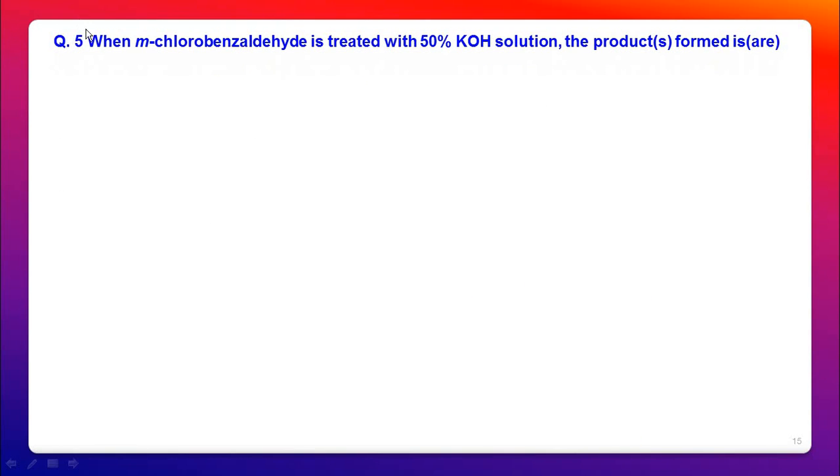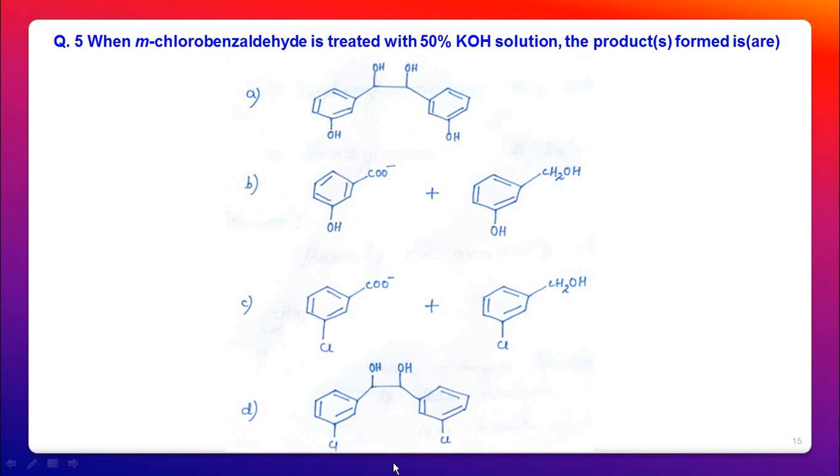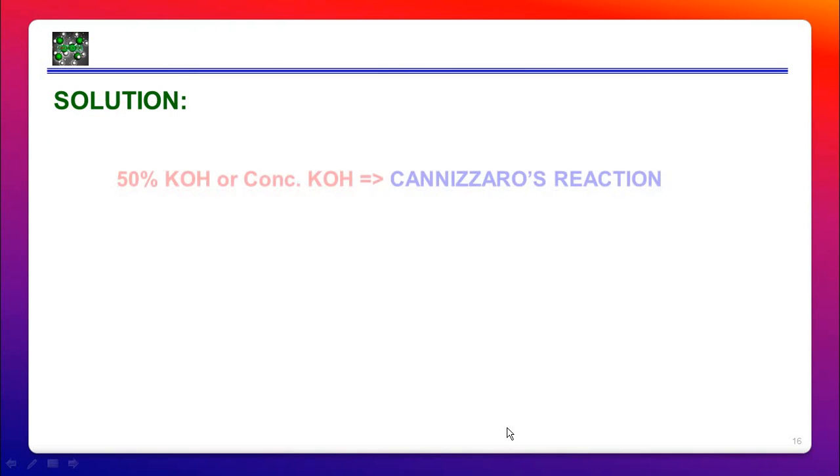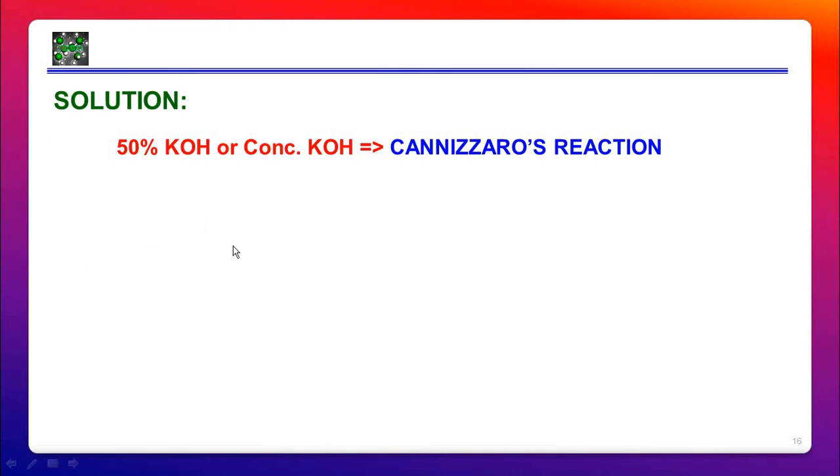Moving on to another question: when metachlorobenzaldehyde is treated with 50% potassium hydroxide solution, the products formed are. 4 options are given as follows. When any aldehyde with no alpha hydrogen is treated with 50% or concentrated potassium hydroxide, then undoubtedly it is Cannizzaro's reaction.